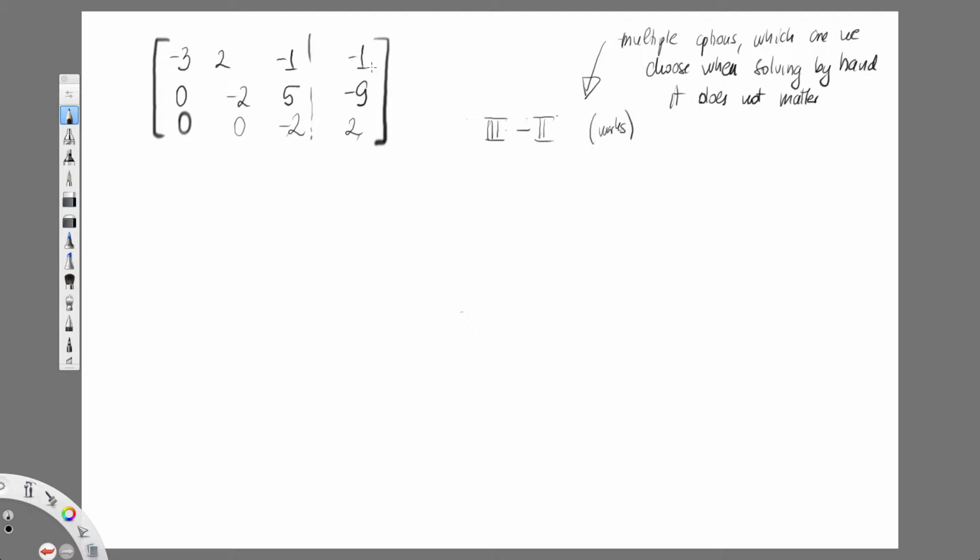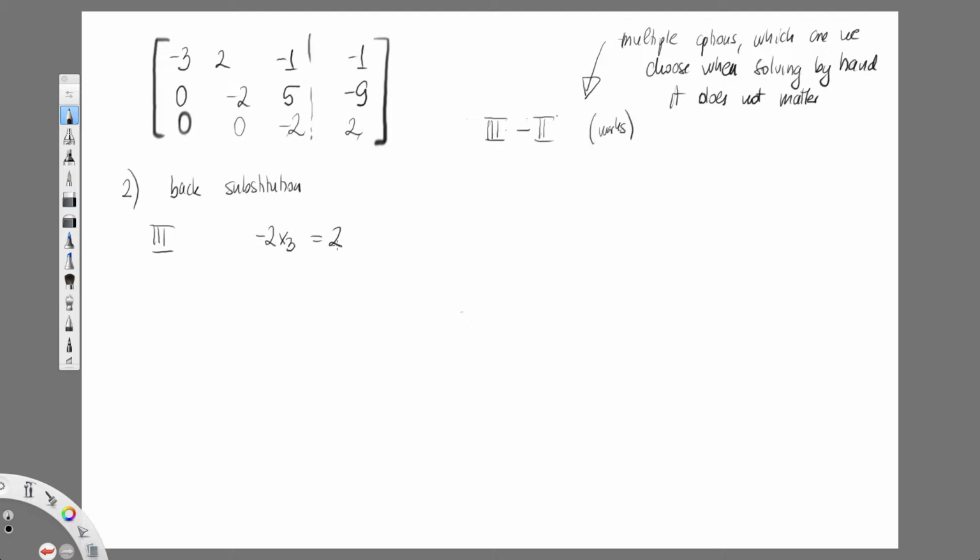For this last equation, what it's really equivalent to in terms of a linear equation is -2 times x3 is equal to 2, right? So I can do step 2, back substitution. This third equation is -2 x3 is equal to 2.